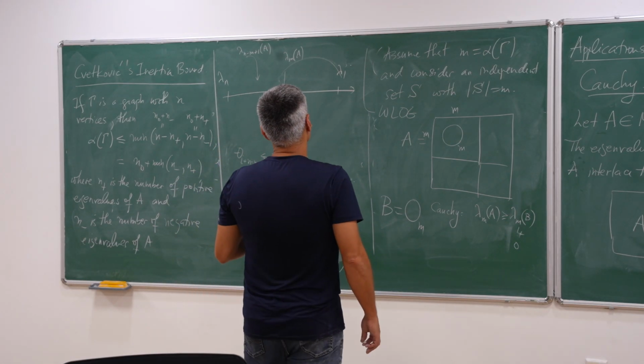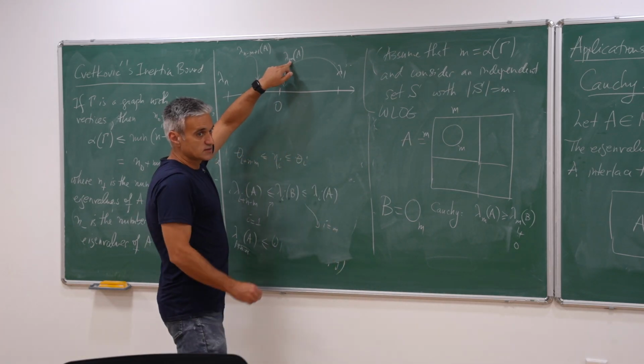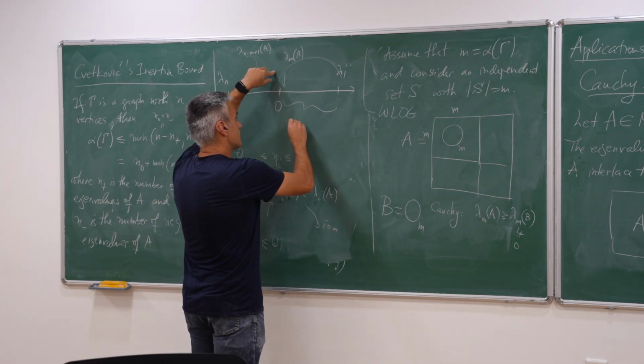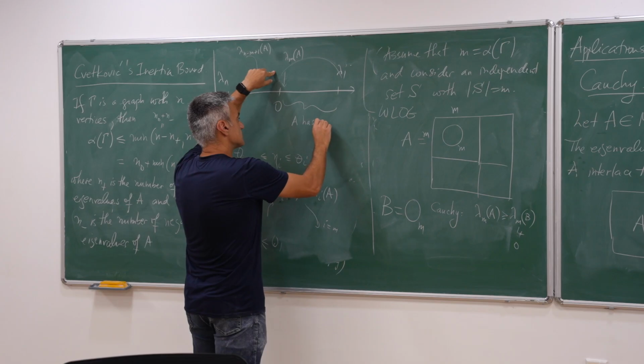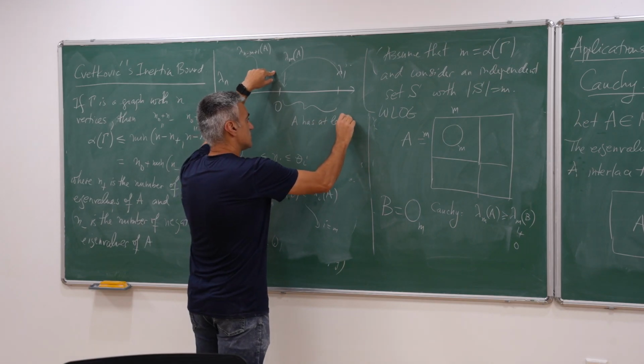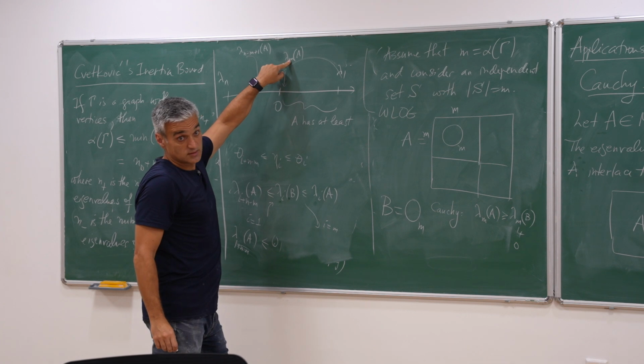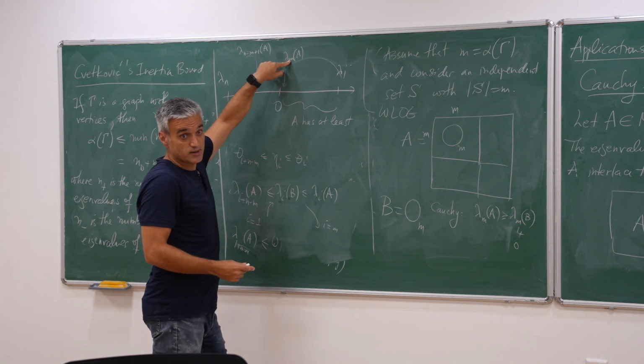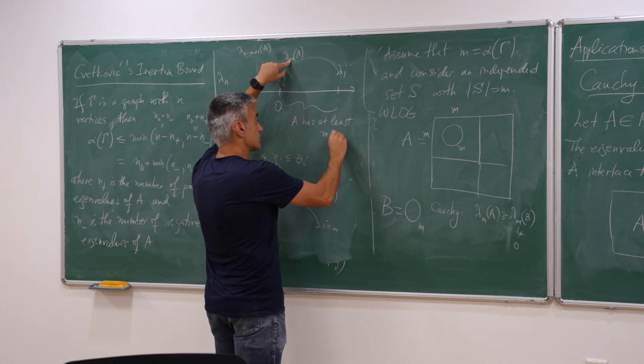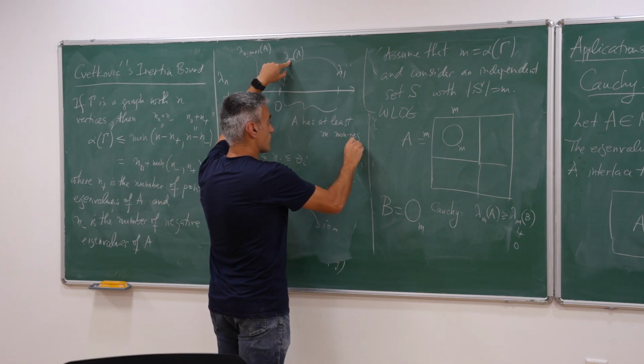Now, lambda_m is here, so it means that A has at least how many non-negative eigenvalues? At least m, because lambda_m is greater or equal to 0.